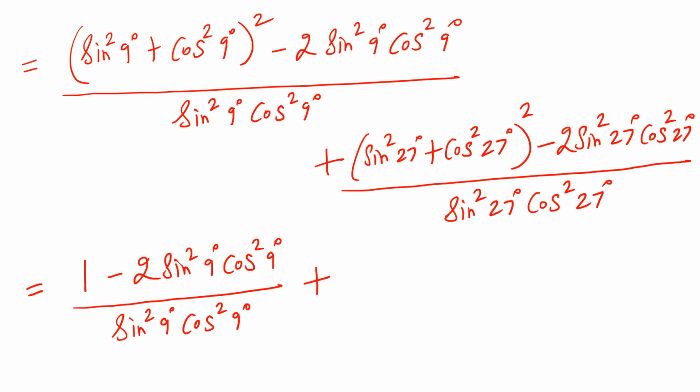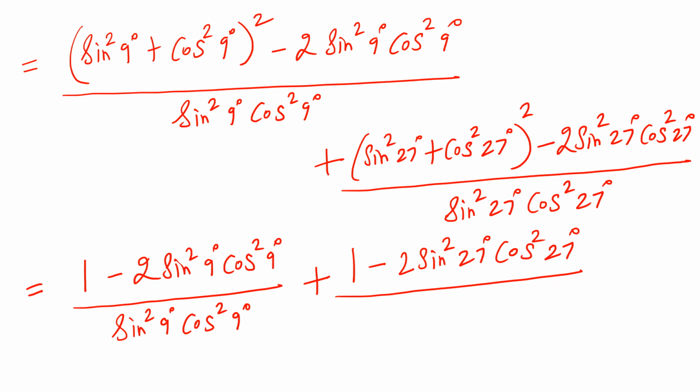And then we have 1 minus 2 into sine square 27 degree into cos square 27 degree whole divided upon sine square 27 degree into cos square 27 degree.